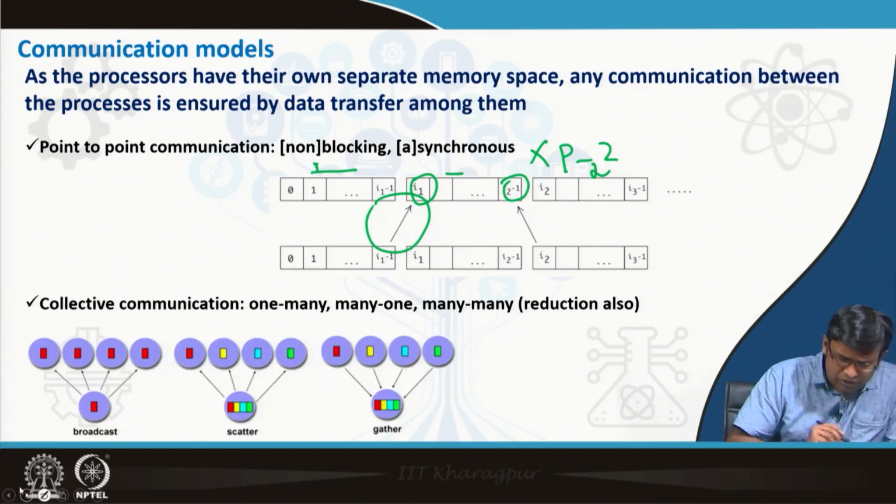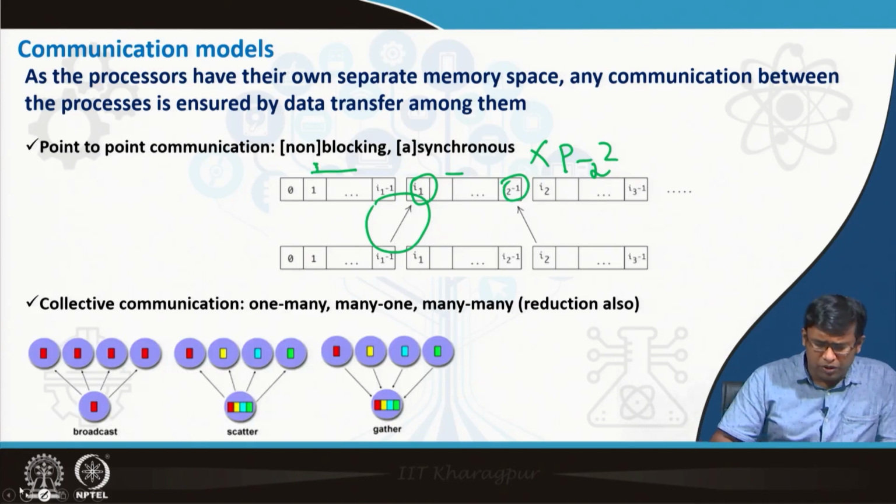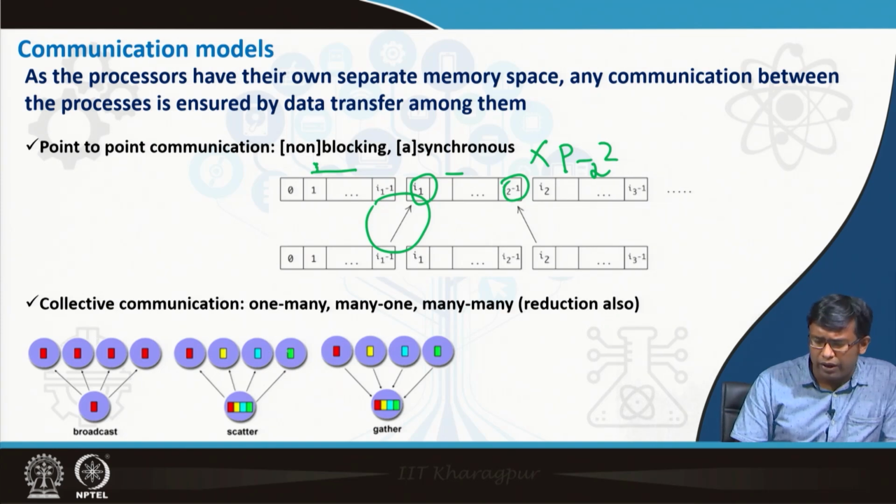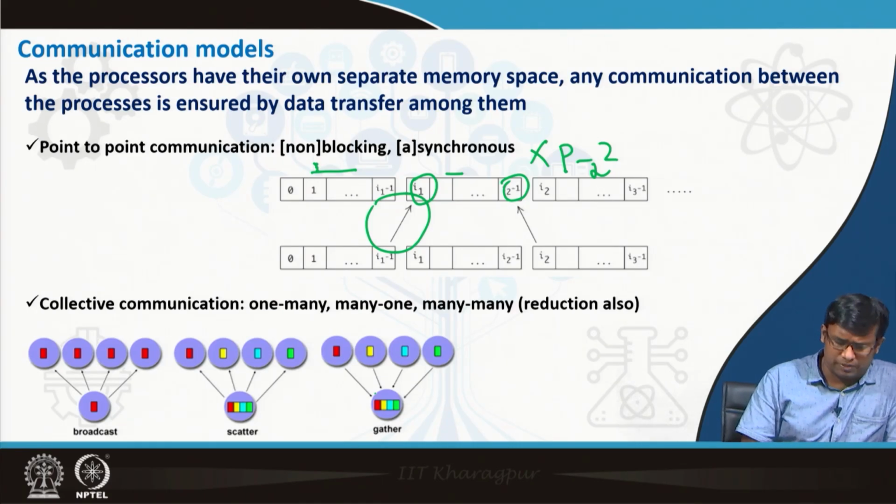There are a few examples: broadcast, when data from one processor is given to all the processors; scatter, when there is data in one processor and parts of it go to all other processors; or gather, when different data is there in different processors and everything comes and is combinedly received by one processor. This can be done by a single processor or by many processors. At the same time, multiple processors can get a copy of this combined data.